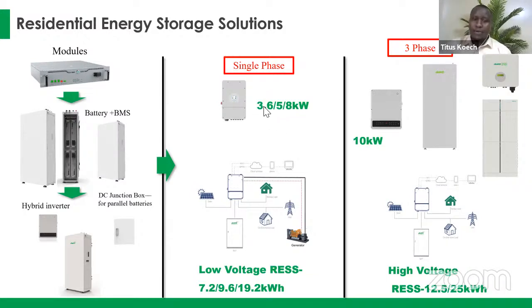You can see we have different hybrid inverters, that is 3.6, 5, and 8 kilowatts, and also the corresponding battery storage, that is 7.2, 9.6, and 19.2 kilowatt hours. For three-phase it's the same case, that is 10 kilowatt and 12.5 kilowatt hour, or also 25 kilowatt hours.